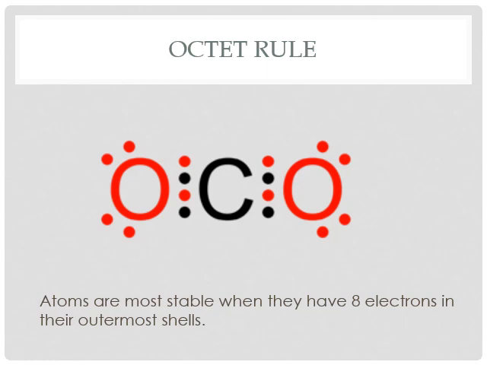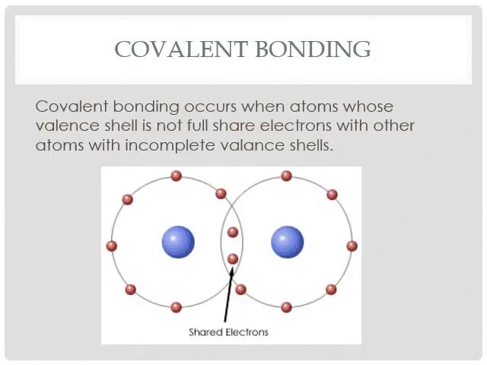So here we've got oxygen, which normally has 1, 2, 3, 4, 5, 6 in its outer shell. Here, 1, 2, 3, 4, 5, 6. Carbon has 4. So when you put them together and they bond, carbon is sharing 2 electrons with 2 electrons from oxygen, giving you 8 surrounding oxygen, 8 surrounding carbon, and 8 surrounding this oxygen. So that's when they're the most stable.